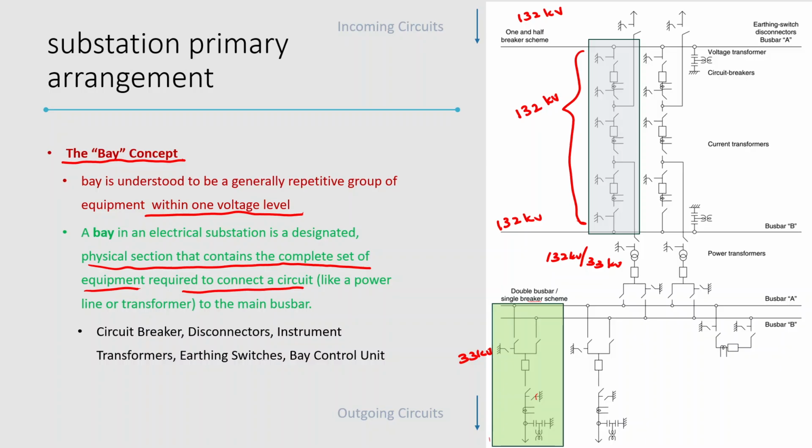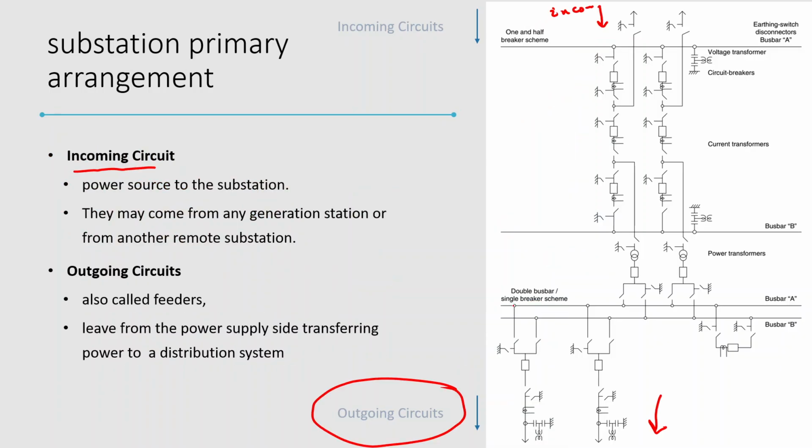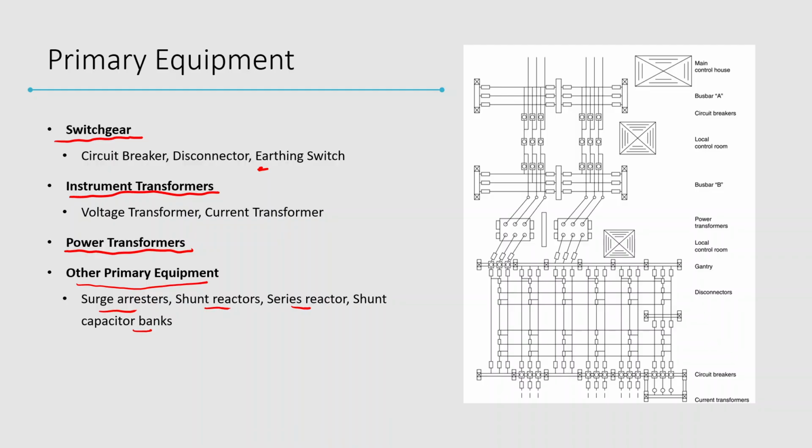This bay concept is widely used in substation automation, because you can monitor, control or automate these bays individually. Sometimes you may define these two together as one bay, and you may have a different control and monitoring unit for that.